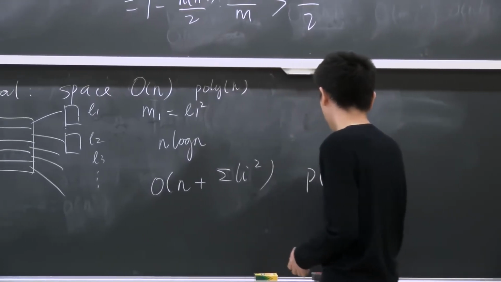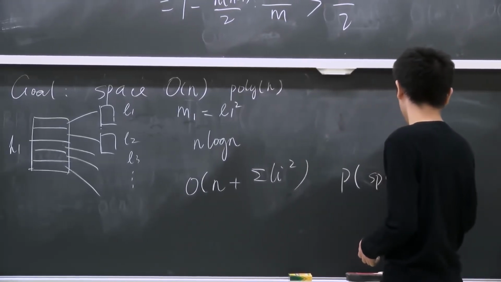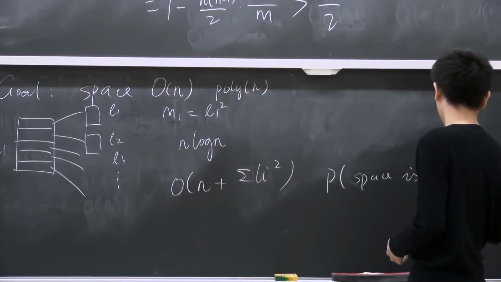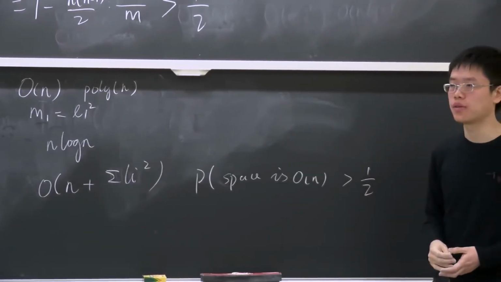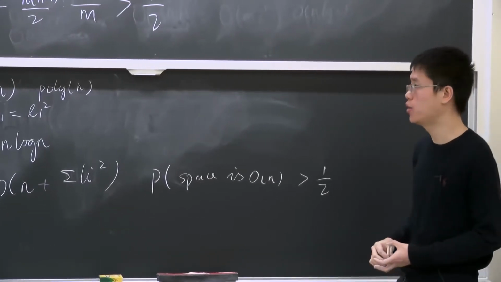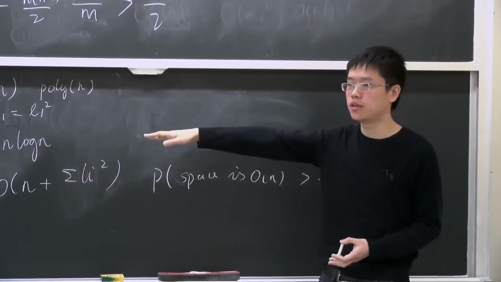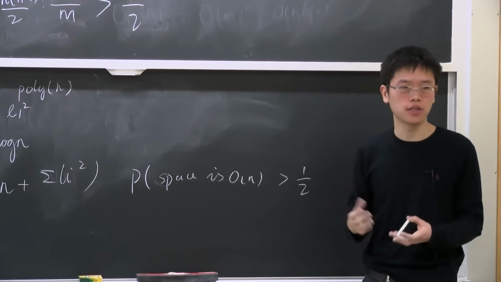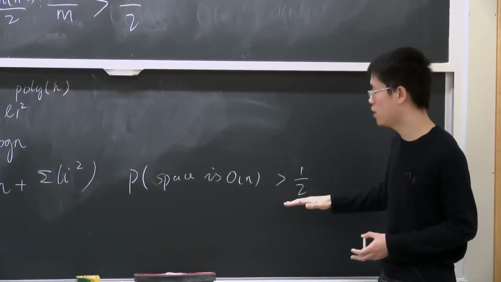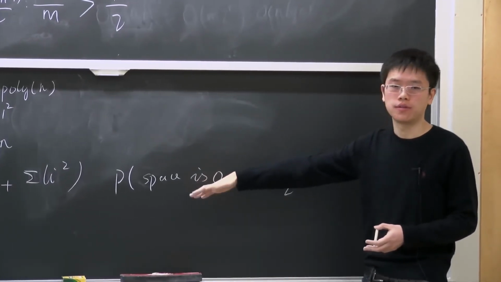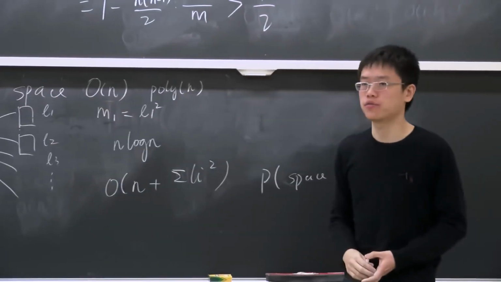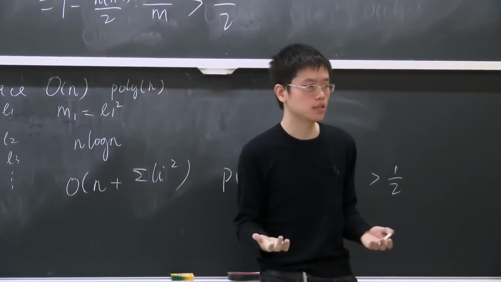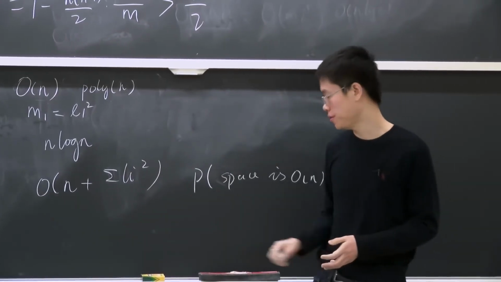So my space is O(n), also with a probability of greater than 1/2. Then I can keep going. I'll try alpha log n times on my first-level hash function until my space is O(n). Once I get to that point, I'll try choosing universal hash functions for my smaller tables until I succeed. Okay?